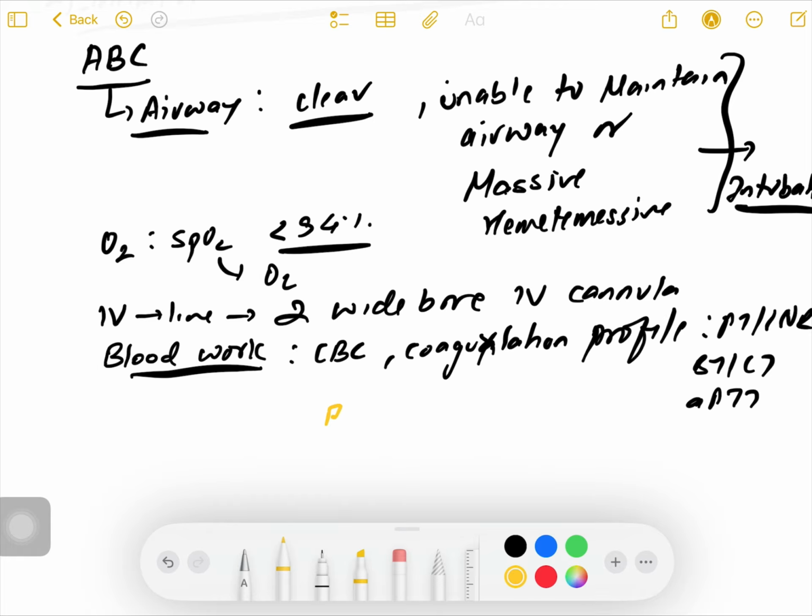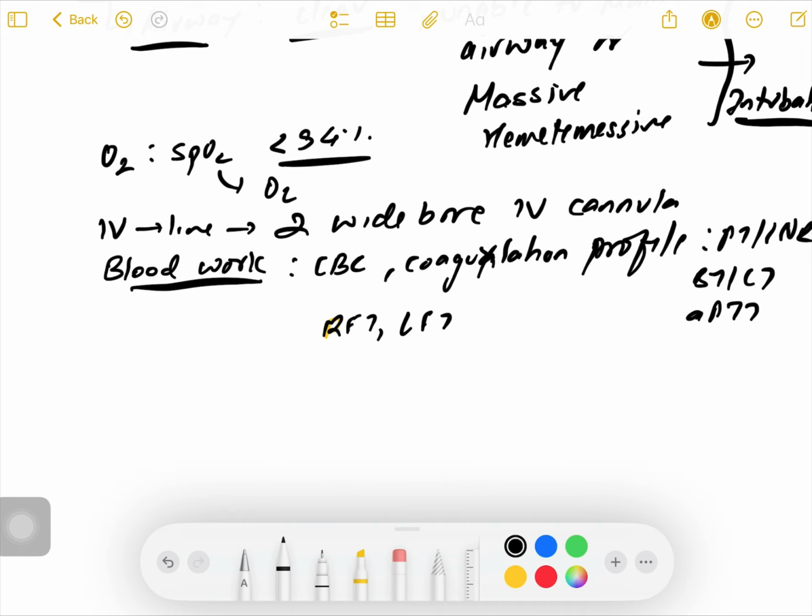We have to do renal function test, liver function test, and blood grouping and cross matching.